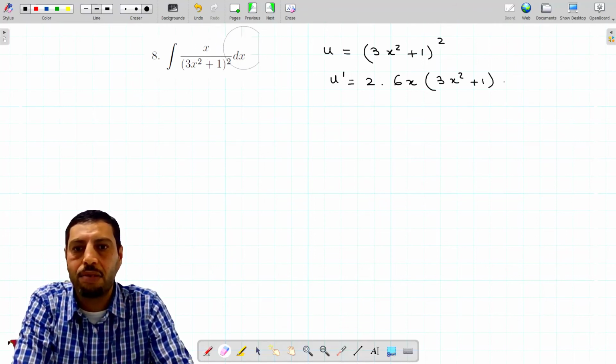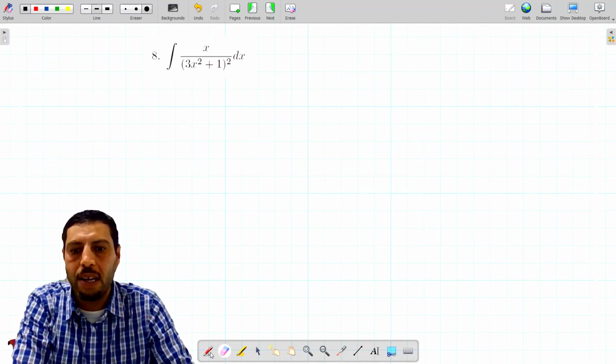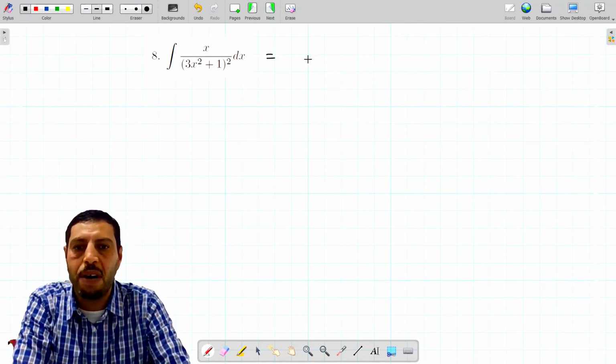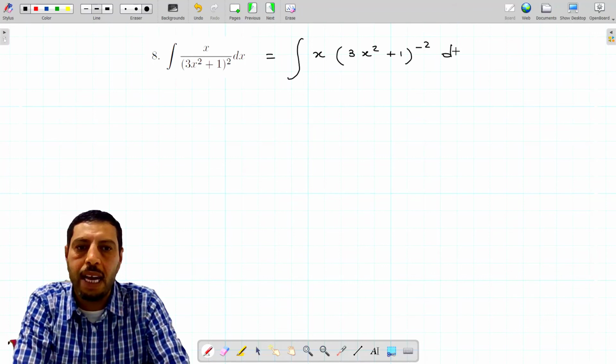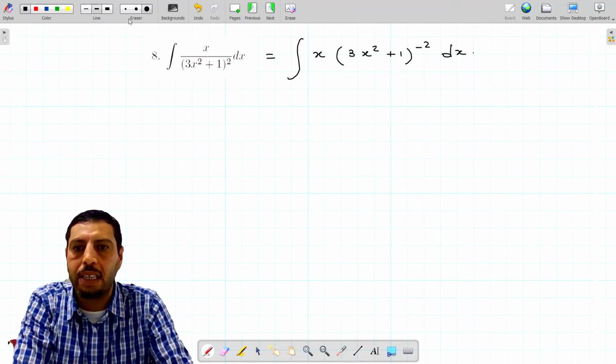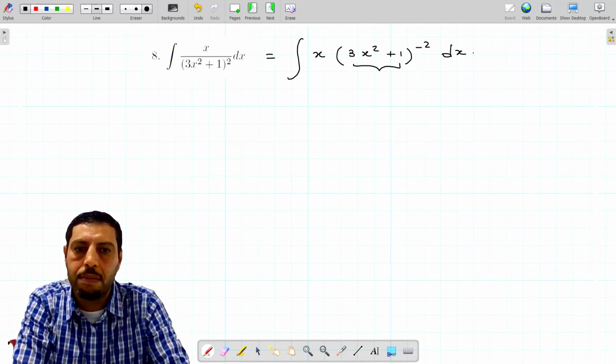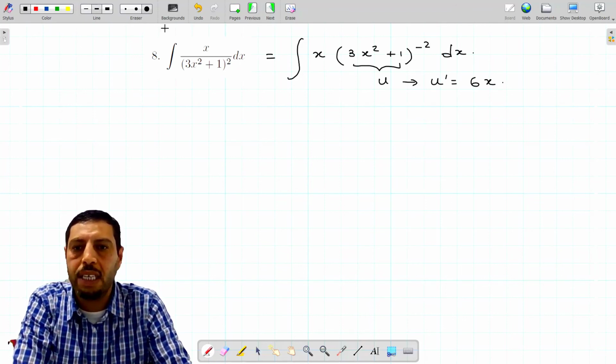So let's try something else, which is writing this integral with negative power. So we can write it as the integral of x times 3x squared plus 1 to the power of negative 2 dx. And here we can see clearly that if you use this as u, u prime is 6x, and here you have the x, you need to multiply and divide by 6, okay?